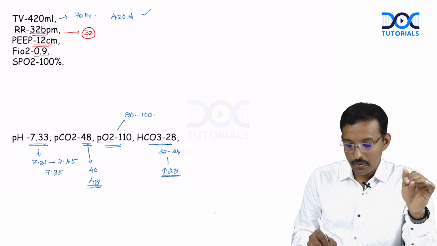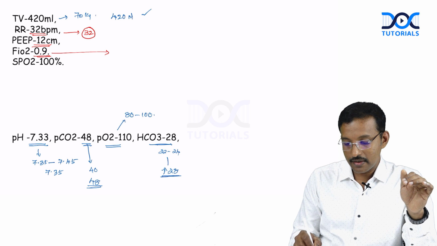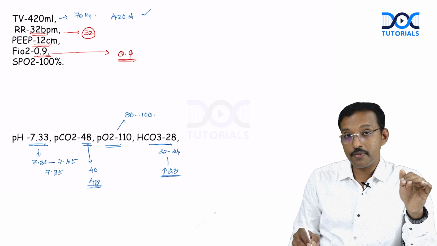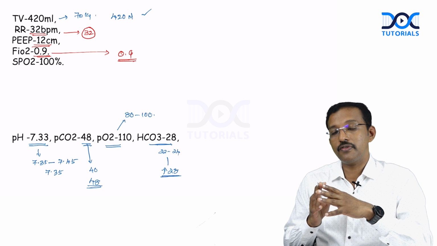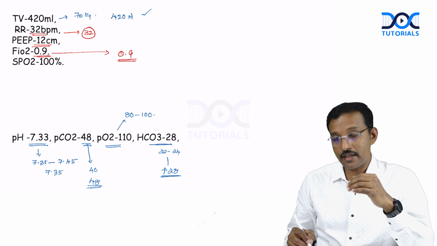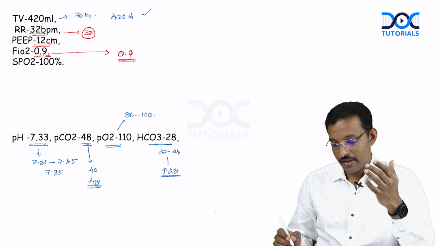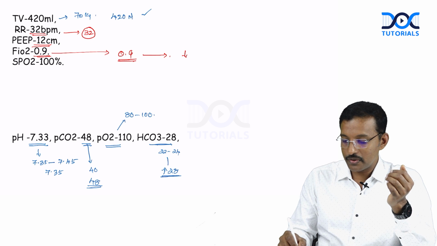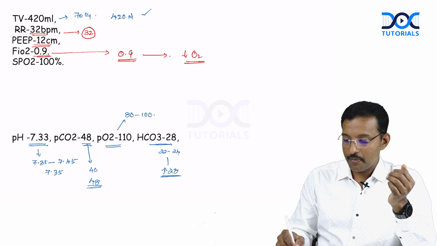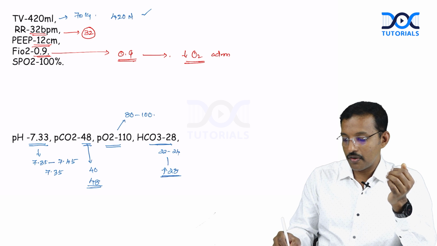And FiO2 is quite high. FiO2 is 0.9, which means that this patient need not have this much FiO2 because his oxygenation is well above what is needed. So the first thing you should do is to reduce the oxygen administered to this patient for fear of oxygen toxicity.